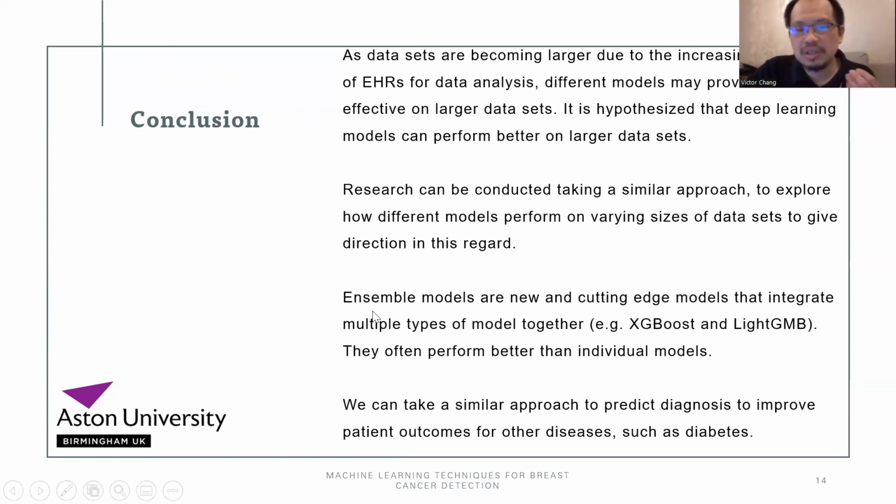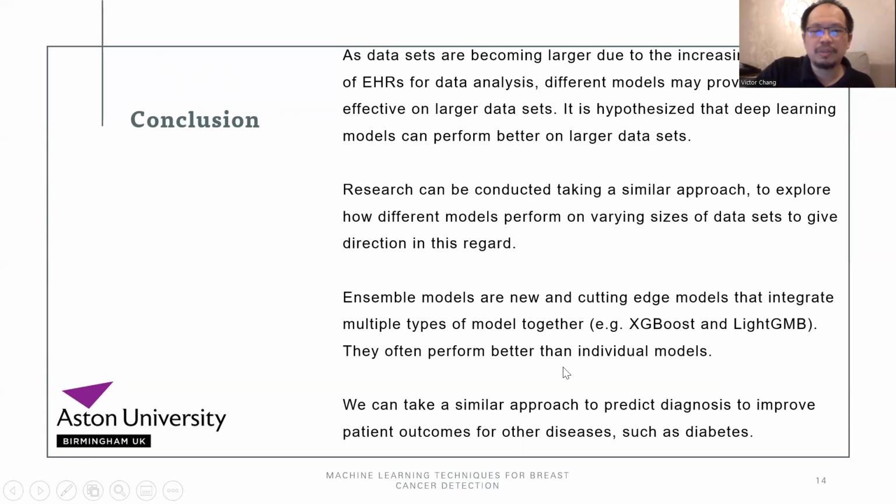Example models are new and cutting-edge models that integrate multiple types of model together. One of the common approaches is to combine XGBoost and also LightGBM. They often perform better than individual models. So combining effort is always helpful.